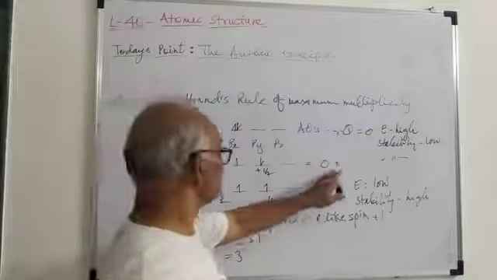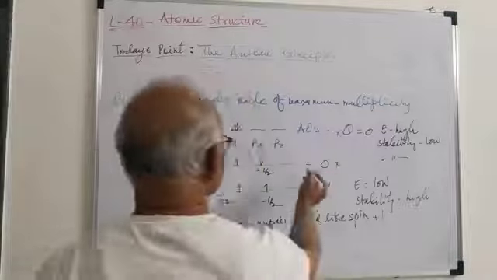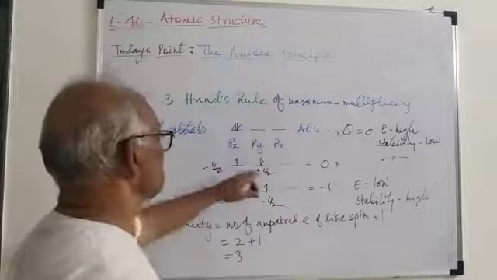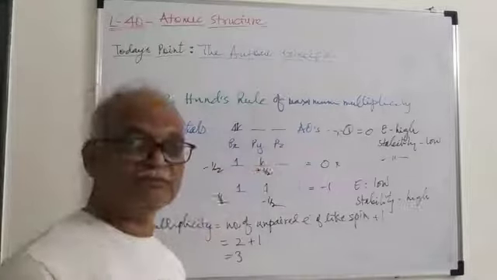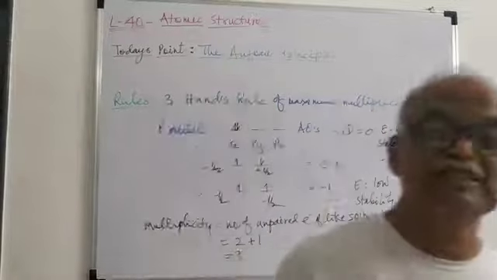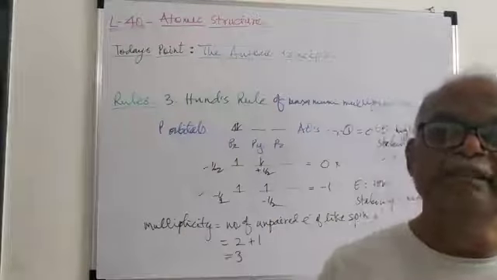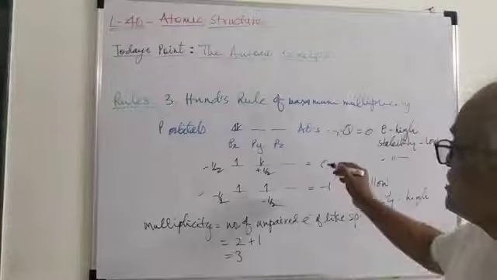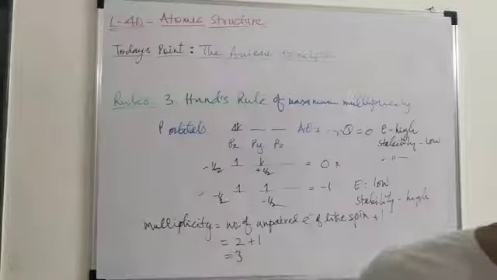If you consider the number of unpaired electrons here, there are 2, but they are in opposite directions, which means their spins are not the same. So these have 0 multiplicity.